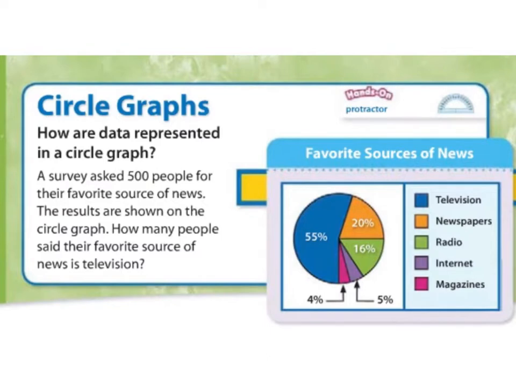They asked how many people named television as their favorite source. Dark blue is television on the key, and dark blue is right here. It says that 55% of 500 people named television as their favorite source. But they didn't ask for percent. They said how many people.